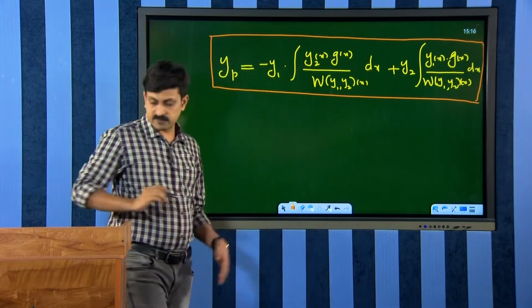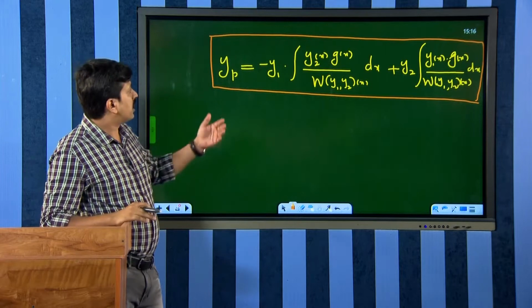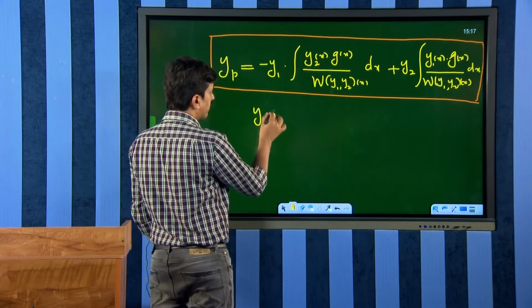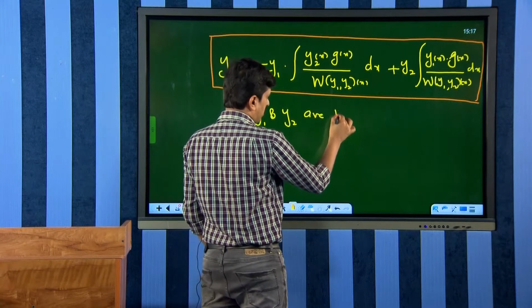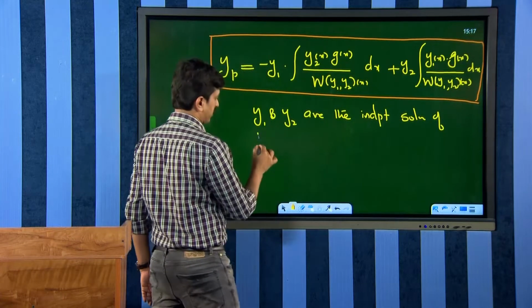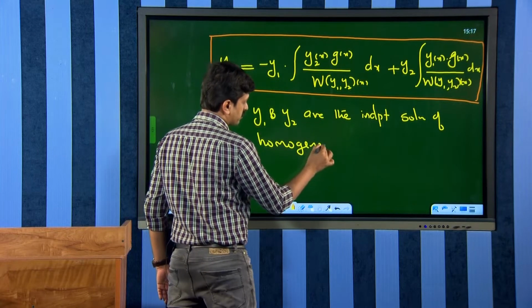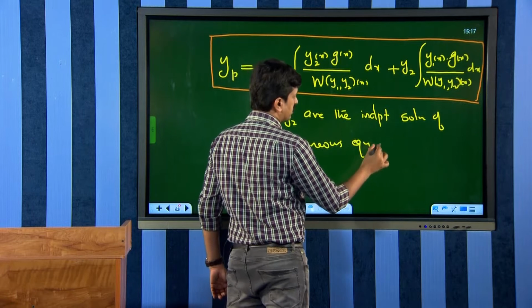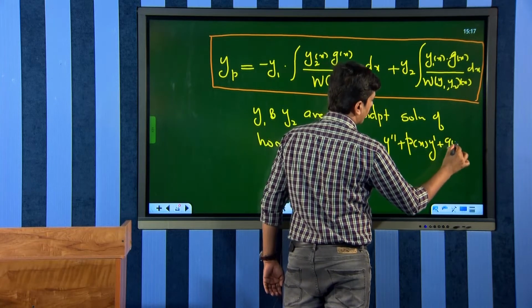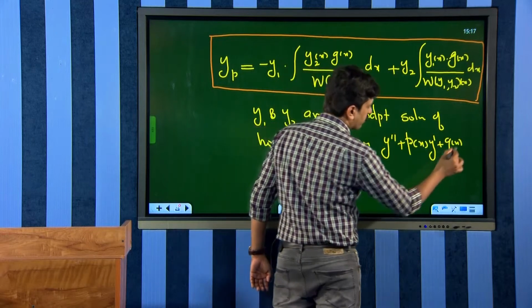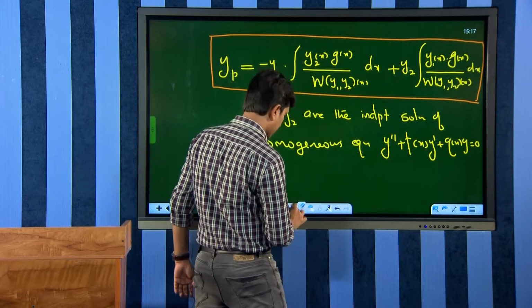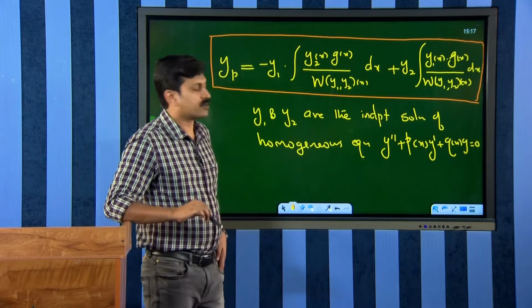Here y1 and y2 are the independent solutions of the homogeneous equation, that is y'' + p(x) y' + q(x) y = 0.